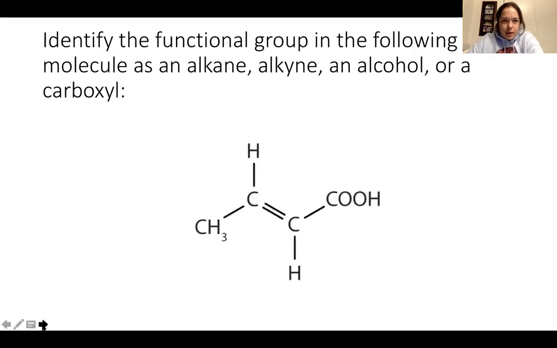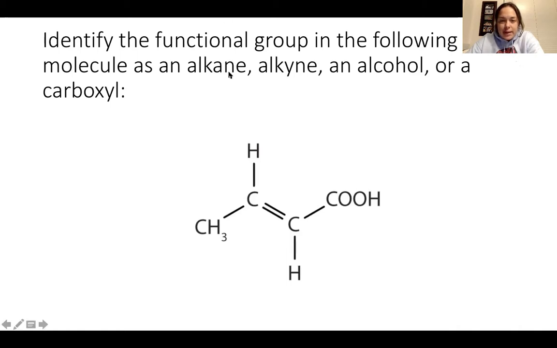All right. So going through the comments in Top Hat, this was one of the questions. Identify the functional group in the following molecule as an alkane, alkyne, an alcohol, or a carboxyl. Remember, it's this suffix, the ending of the word, that kind of gives you a clue to what the functional group is.